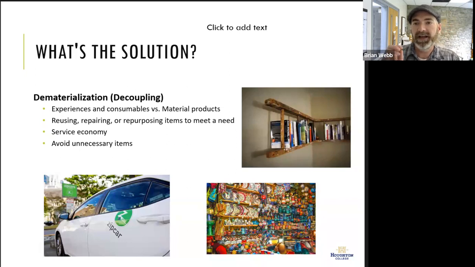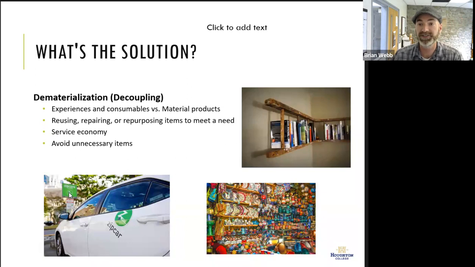It's the idea of decoupling economic growth from environmental impact, or dematerializing the way that we produce things. So the only way that we can continue to meet human needs without wrecking the planet is to separate those out. Find a way to grow economies without doing the environmental harm that we're doing today. Talk more about that a little bit later. Just some basic ideas behind that.